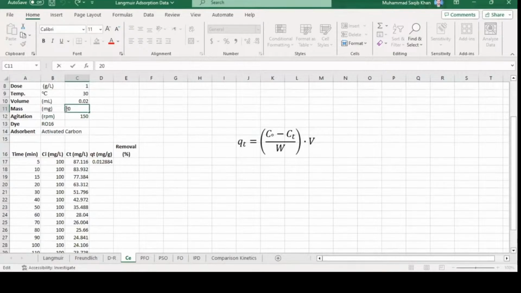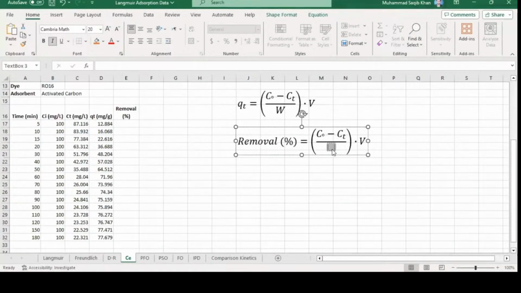Then we'll calculate the removal. Removal in percent will be equal to C naught minus Ct, divided by the initial concentration, multiplied by 100.